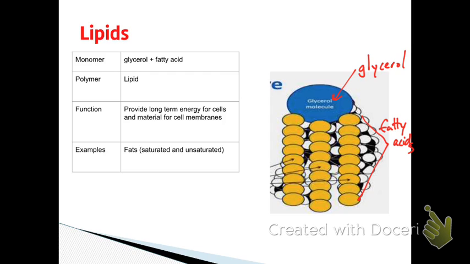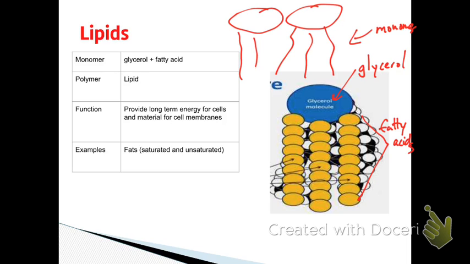If I were to draw it, I would draw the glycerol head, and then the fatty acid chains. So this is one monomer. If you put a bunch of these together, it becomes a lipid. We use lipids for long-term energy storage for cells, and they're material for cell membranes.